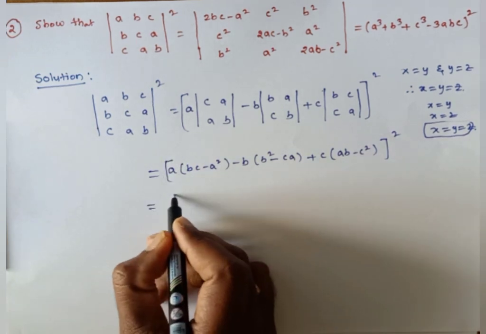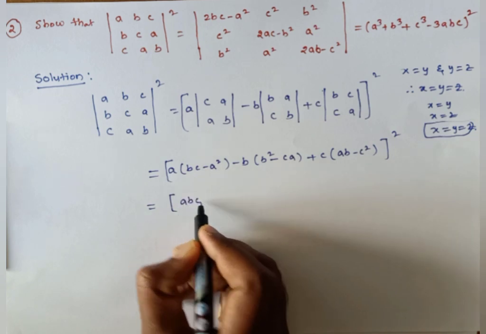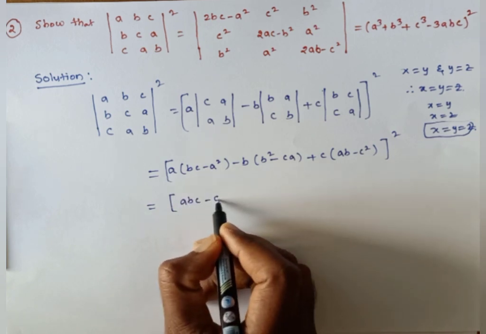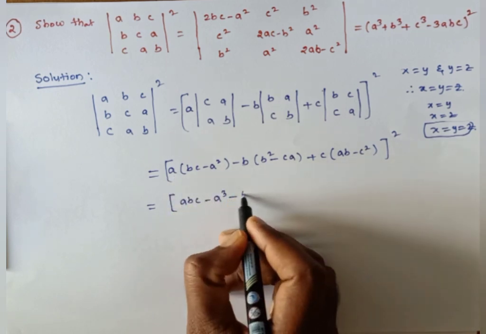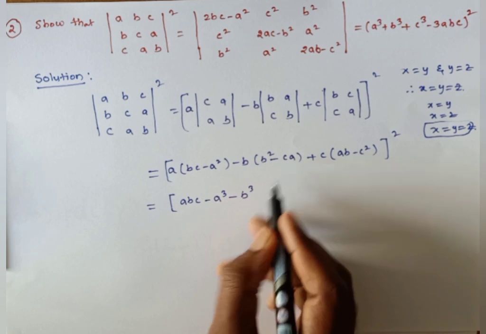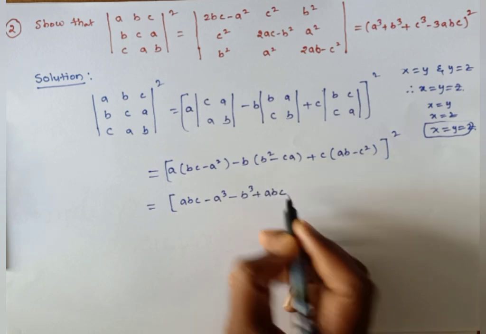Now multiplying with a, we get abc minus a cube, a into a square, minus b into b square is b cube, minus b into minus ca, that is plus bca or abc.